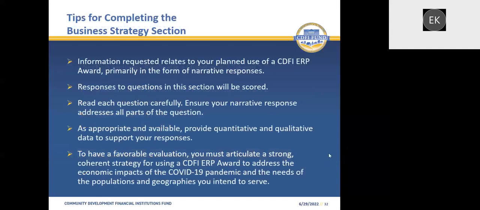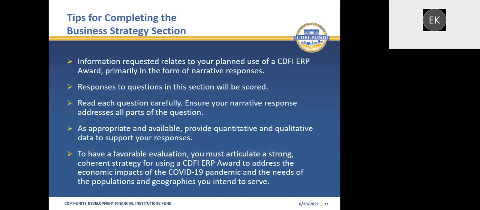Here are some tips for completing the business strategy section. Information requested relates to your planned use of a CDFI ERP award, primarily in the form of a narrative response. Responses to questions in this section will be scored. Read each question carefully. Ensure that your narrative response addresses all parts of the question.